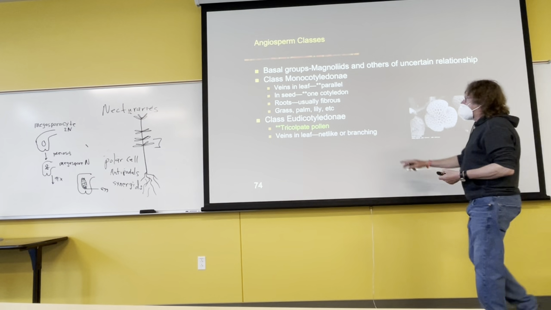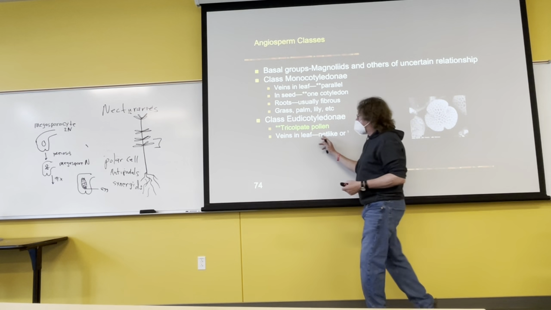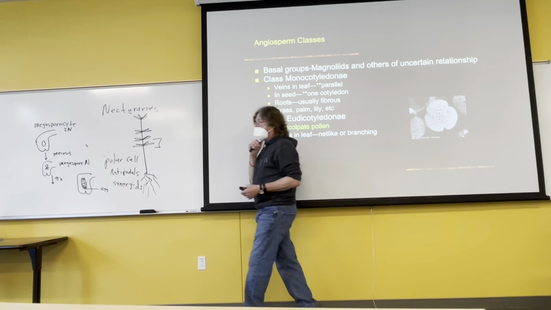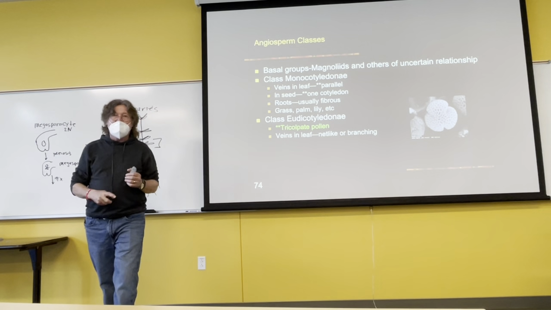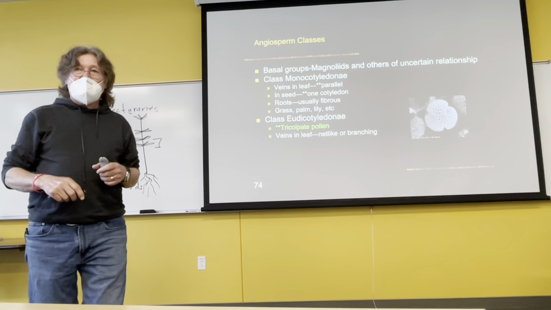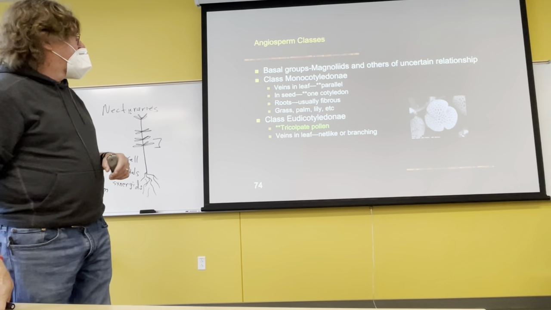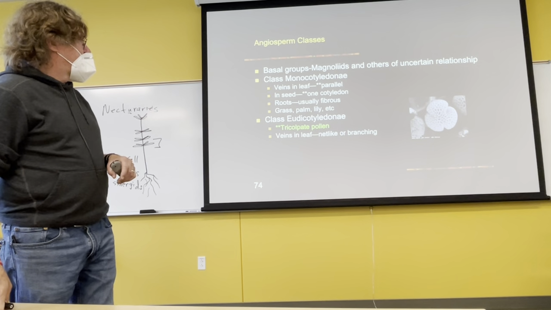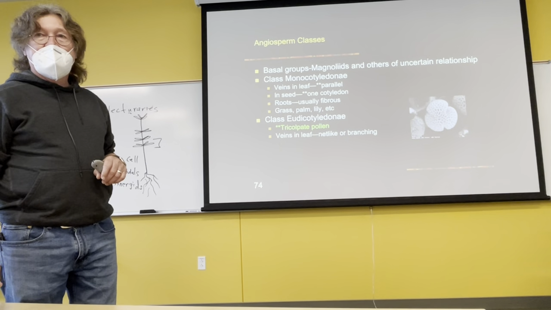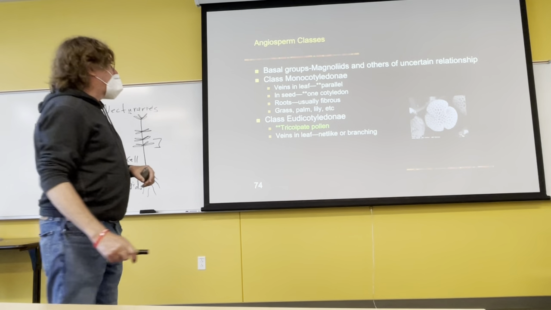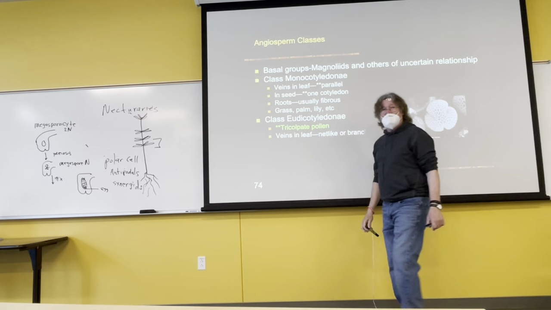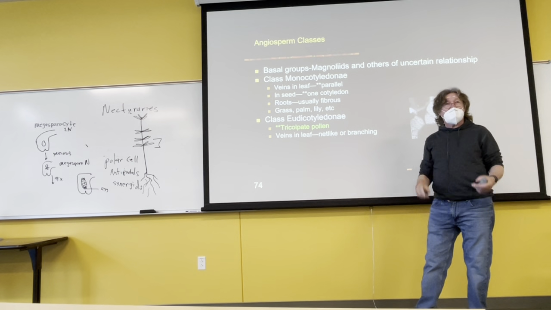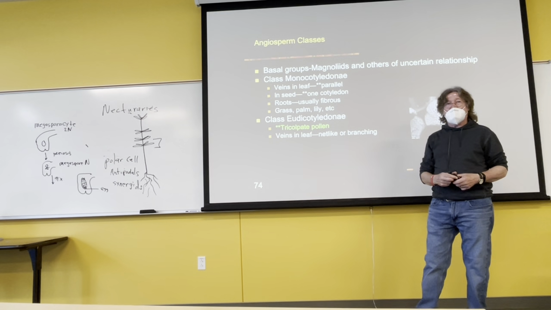Okay? Now, generally the vascular tissue in the leaves is usually dichotomously branching. Yes? Are the magnoliids, the monocotyledonae and eudicotyledonae all individual clades? No, these are not clades. They're just sort of groups with uncertain relationships down at the base of the angiosperm tree. Okay.